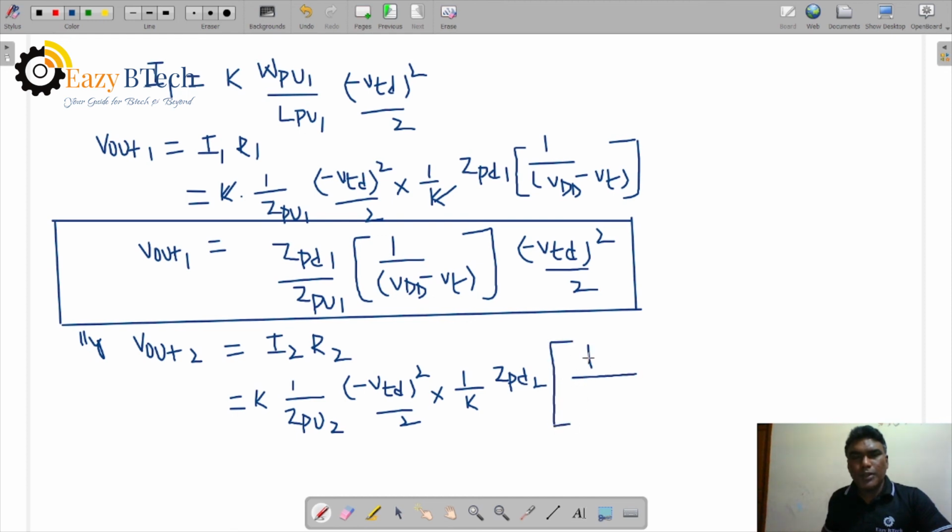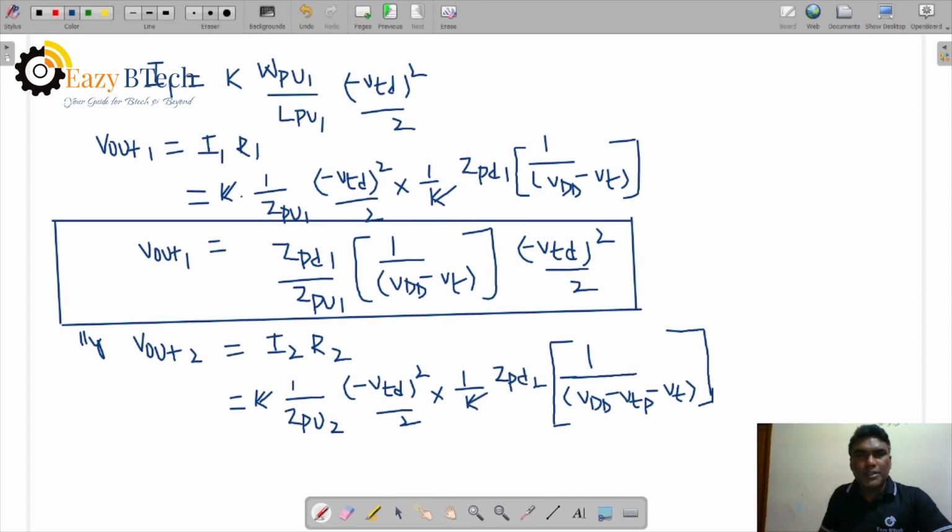Input of inverter 2 is VDD minus VTP. VDD minus VTP minus VT. VT is the threshold voltage and the input is VDD minus VTP. So here this K and that K are cancelled out.